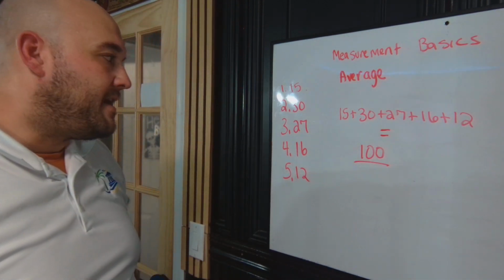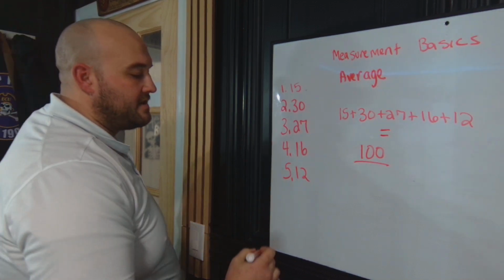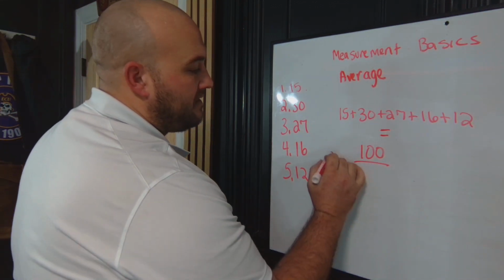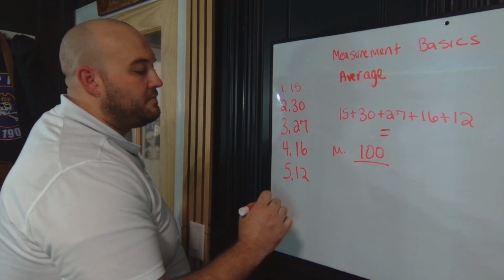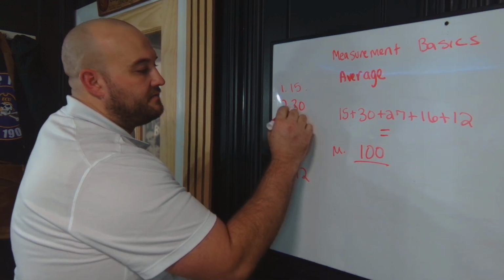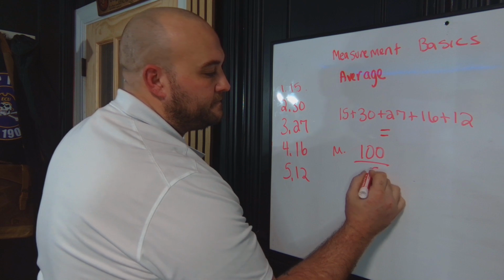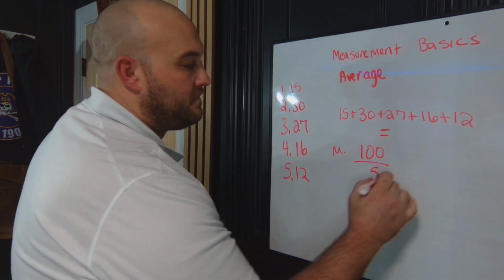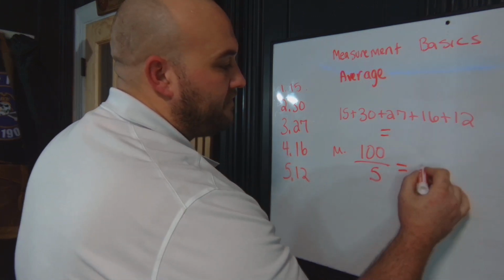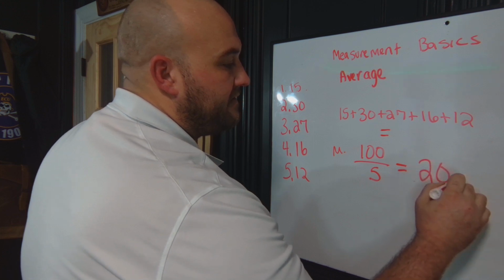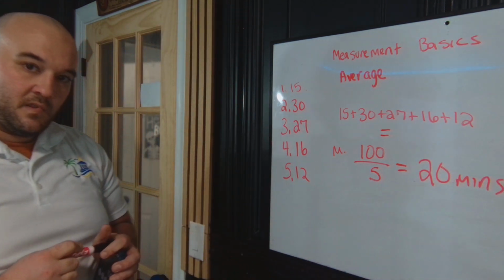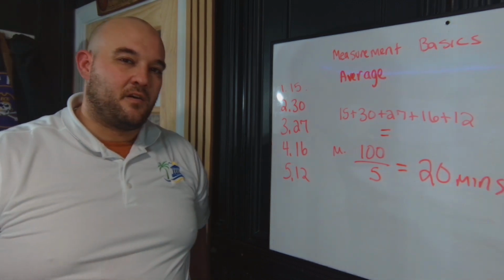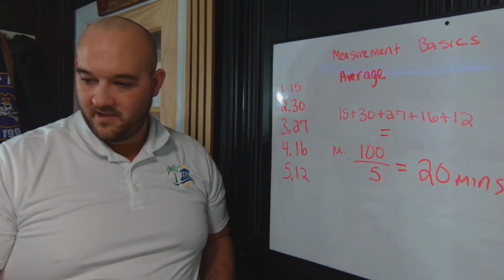Well, now what's my n? My lowercase n is going to be 1, 2, 3, 4, 5. So our average time is 20 minutes. So this isn't that hard. This is just basic math right here.